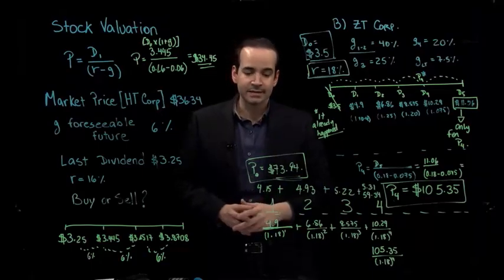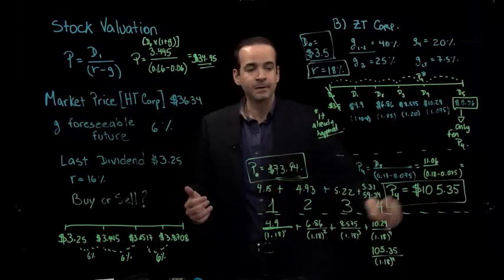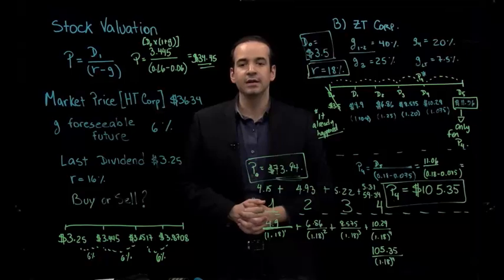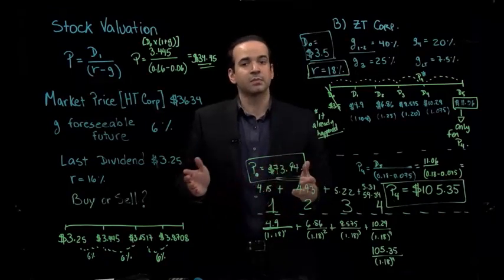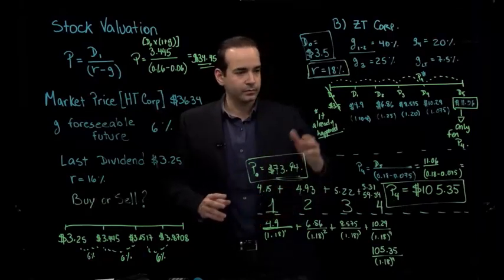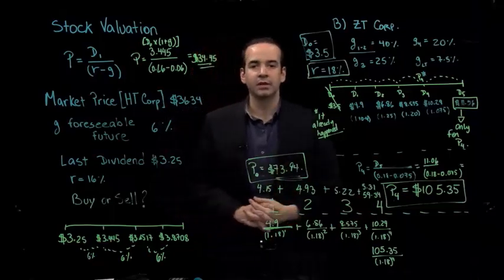But if the price of CT Corp in the market is below this fundamental price of the stock, then it may be a good idea. It may be in your interest to just purchase that stock, because market prices will eventually converge to the fundamental price, or in other words, to what these future cash flows are worth today.